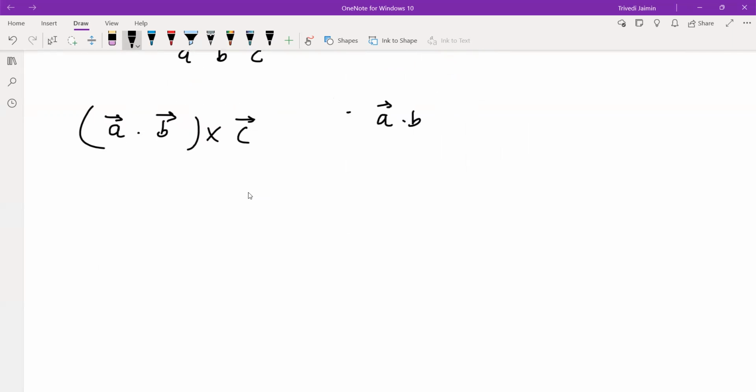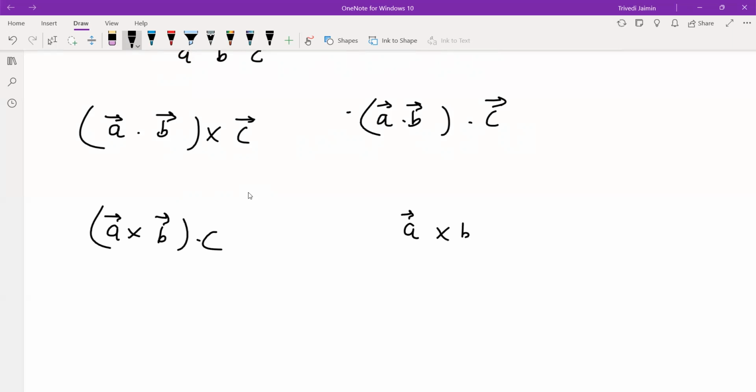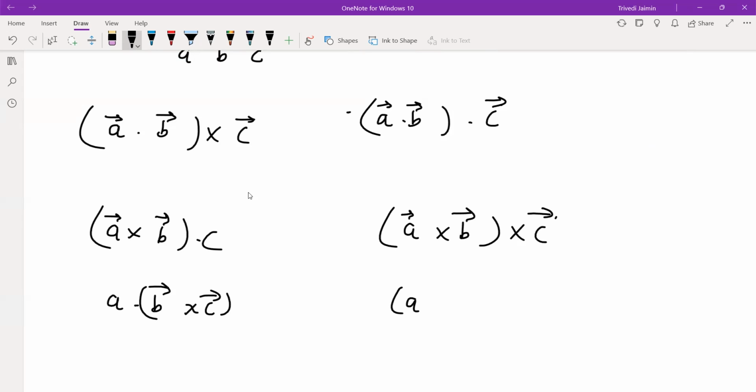A dot B dot C. A cross B dot C. A cross B cross C. A dot B cross C. Then we need A also, right?